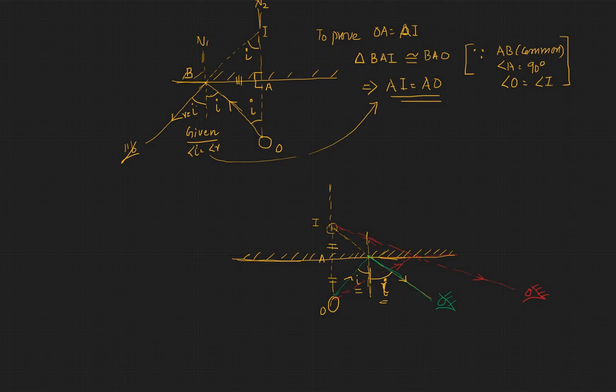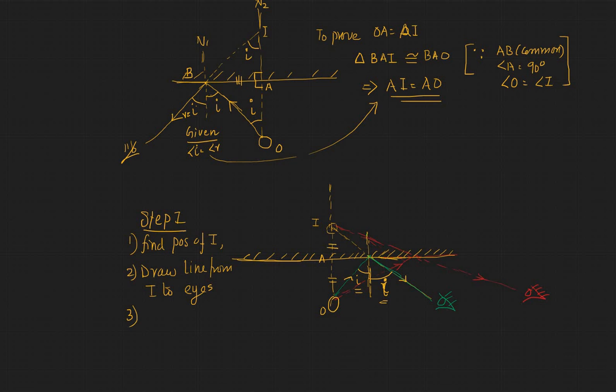So that's how you can find out whether you will see the image or not, and that's how you draw ray diagrams. Step one, find the position of I. Step 2, draw a line from I to the eyes.